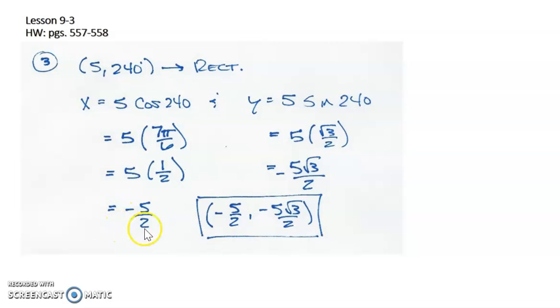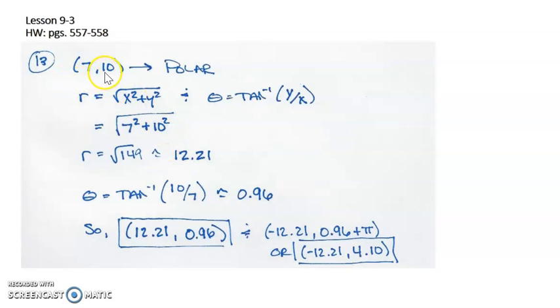So this would be a negative 5/2, because I know the cosine in quadrant 3 is negative. So if the cosine of 4 pi over 3 is 1/2, then the sine is root 3 over 2. That's also going to be negative. So these are the rectangular coordinates for this polar point. All right, that was confusing. Sorry about that, but that is 4 pi over 3.